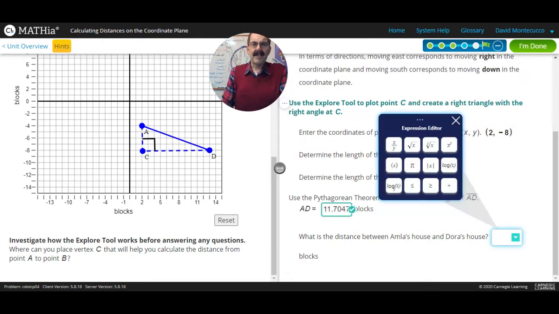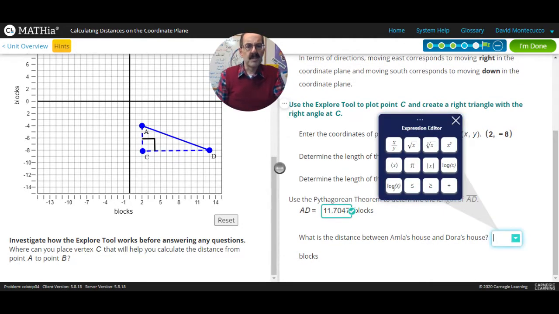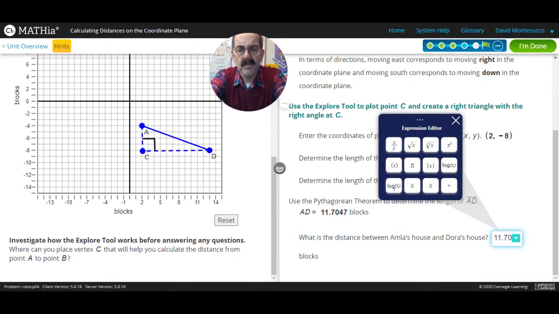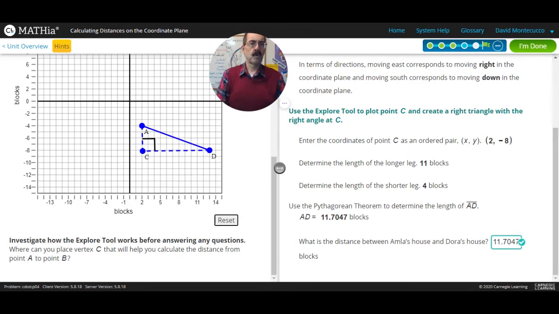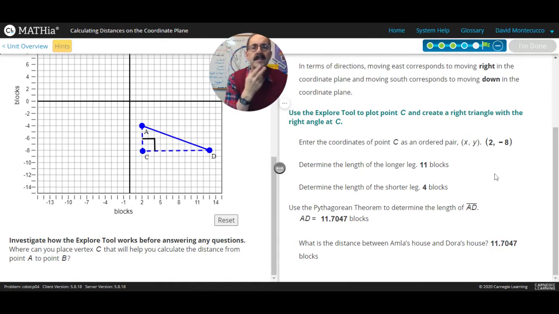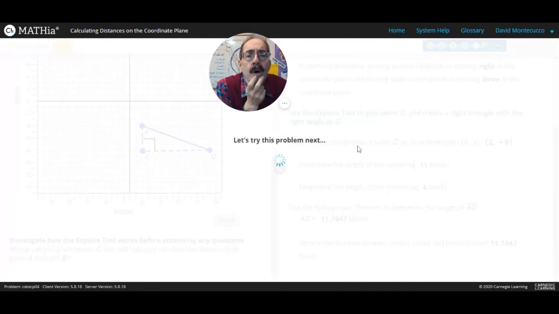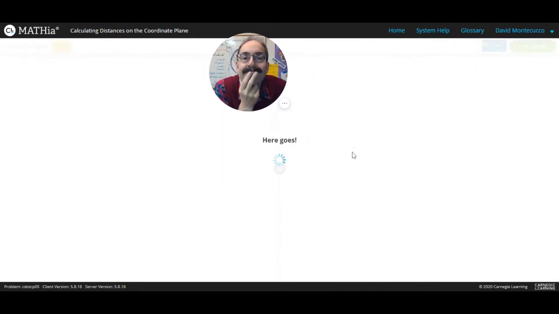And then last time it said use all the decimal points, so let's just do the whole thing. 11.7047. I guess it wants exact blocks. Cool. All right. Hit I'm done and see if it asks us for one more problem on this workspace.